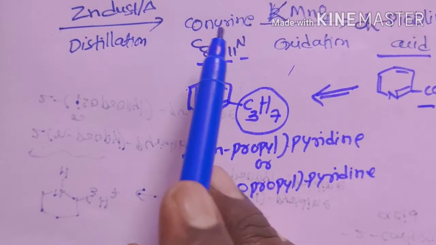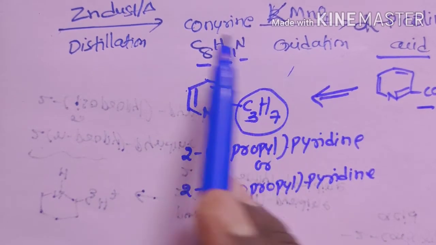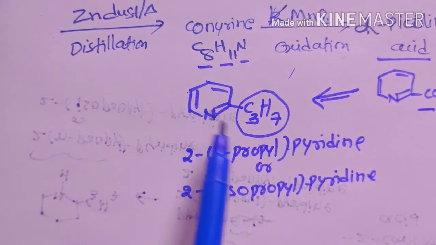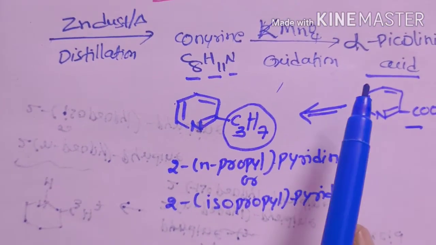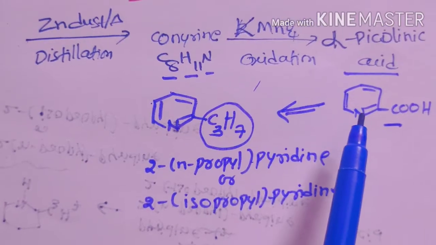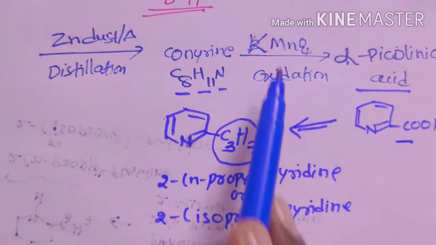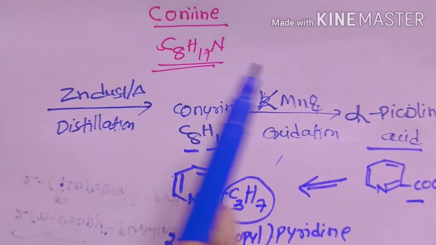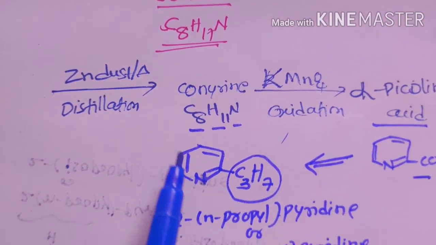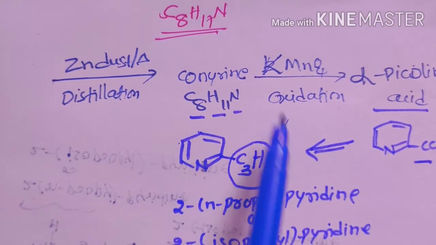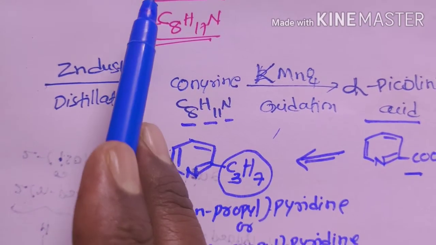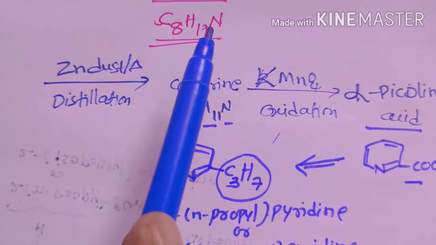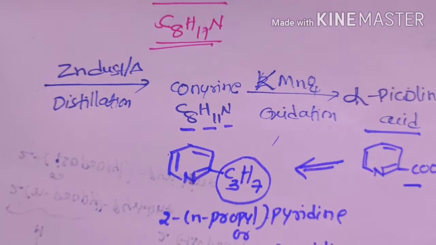Here conyrine formula is C8H11N. This formula indicates that it is an unsaturated compound, and we are writing here the pyridine ring because in picolinic acid we have the pyridine ring. As conyrine is obtained from the coniine, coniine formula is C8H17N. So the same analogous ring should be written in the coniine formula, and the formula of the coniine indicates that it is a saturated compound.